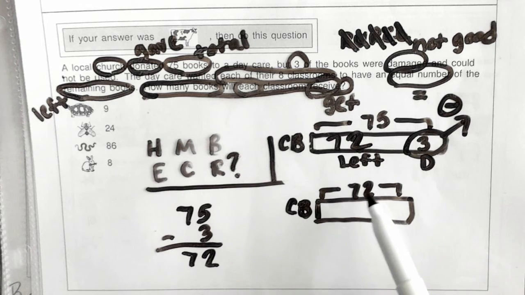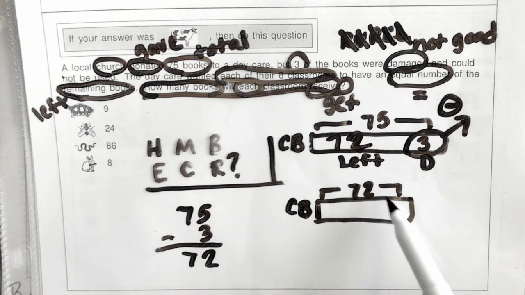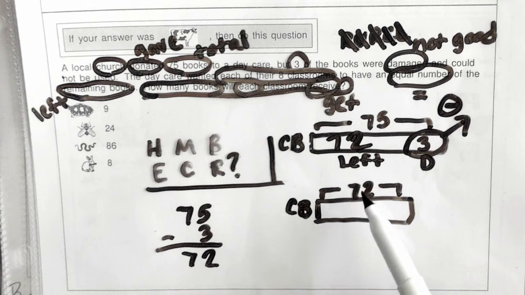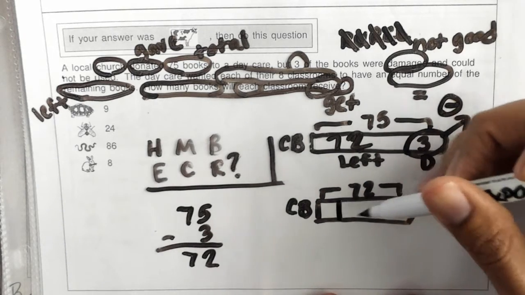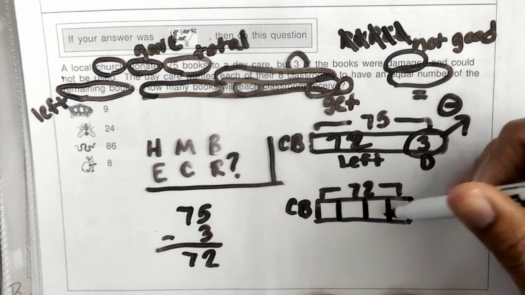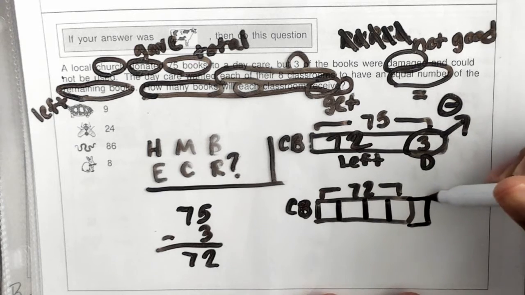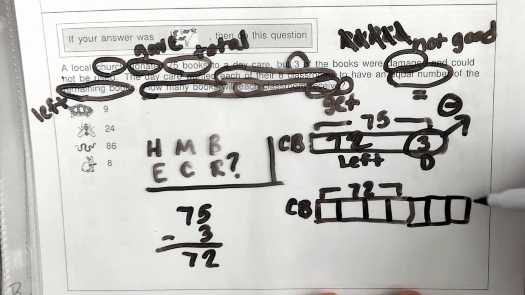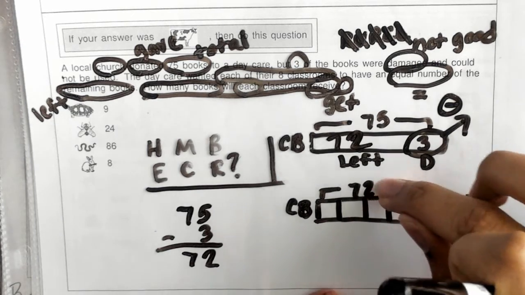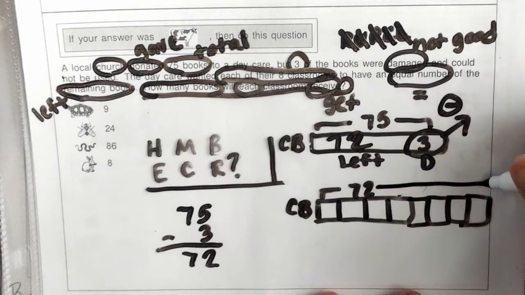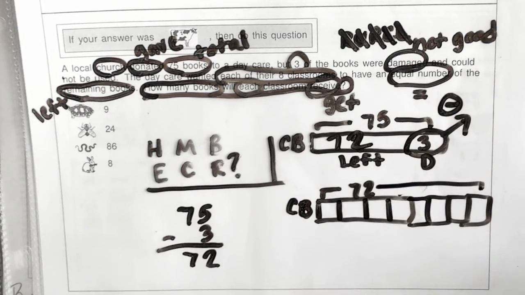So, since these books are going to be going into classrooms, and they're going to be going into 8 classrooms, I need to be drawing 8 groups. I need 8 of these boxes. So here's 1, 2, 3, 4, 5, 6, 7, 8. And then I can just adjust my bracket here. That means fix my bracket.